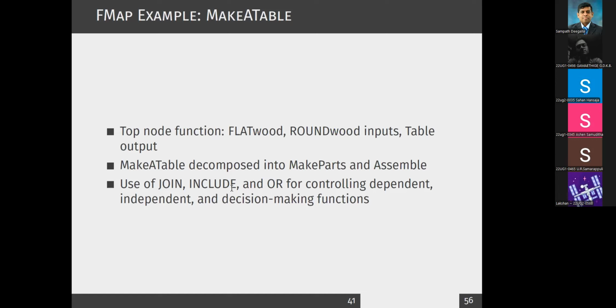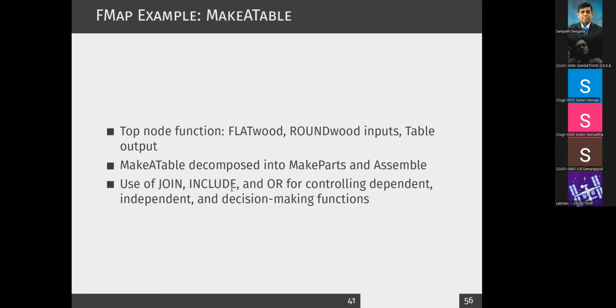Okay, so if you go back to my example, the very first function, at the top of the functions that we have observed in the make a table example, we have two inputs. We have flatwood and roundwood. Those are the inputs, and the table is the output.